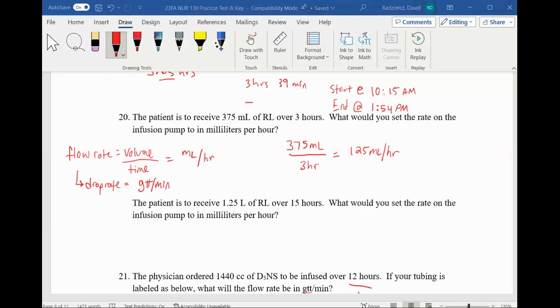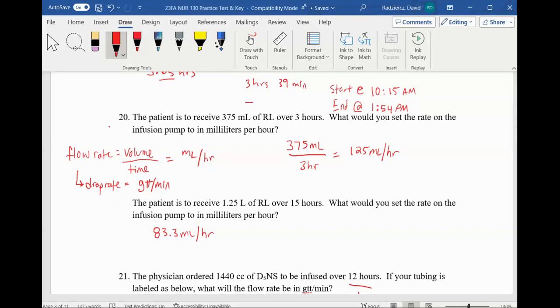Some of you are really close, but when we're looking at these types of things, you need to keep in mind our rounding rules. Now, you may not like the way this looks, but you should have gotten an answer of 83.3 milliliters per hour.